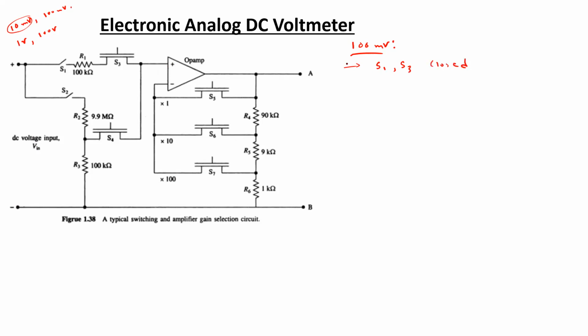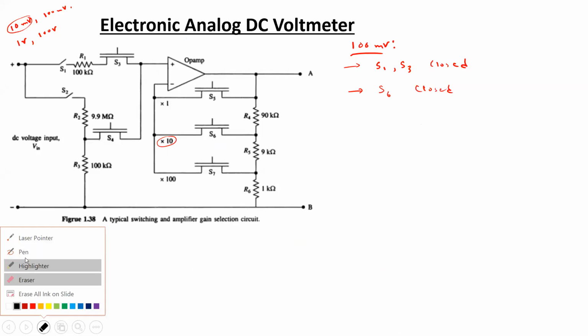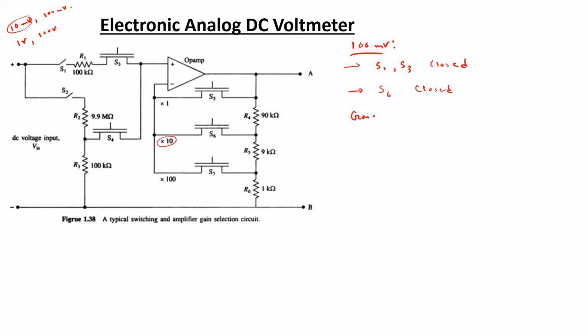Then for 100 millivolts, from the gain selection portion of the amplifier, we have to select a gain of 10 in this case. So in this case, S6 has to be closed as well. So again, I think it is not necessary to draw the amplifier circuit, but if I only consider the gain, what would be the gain?